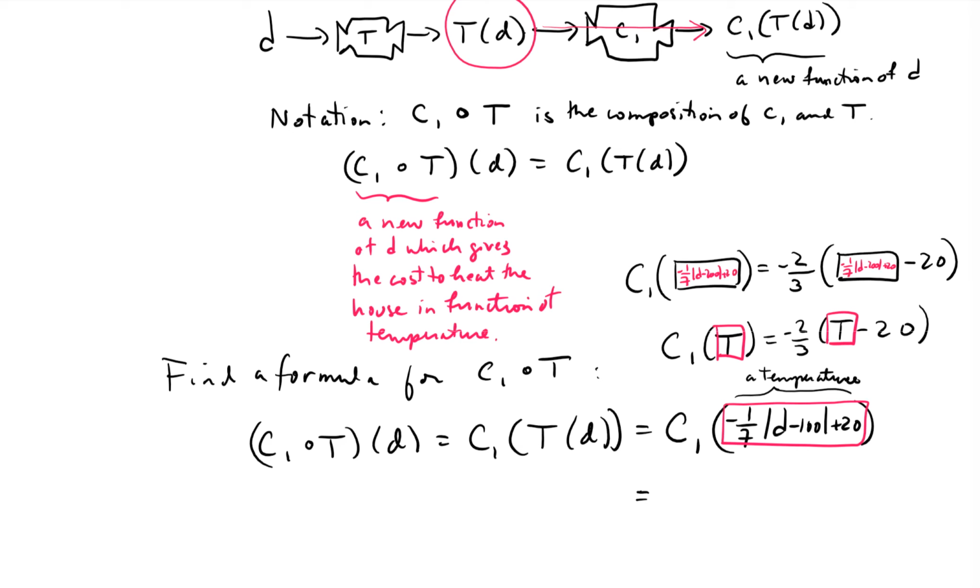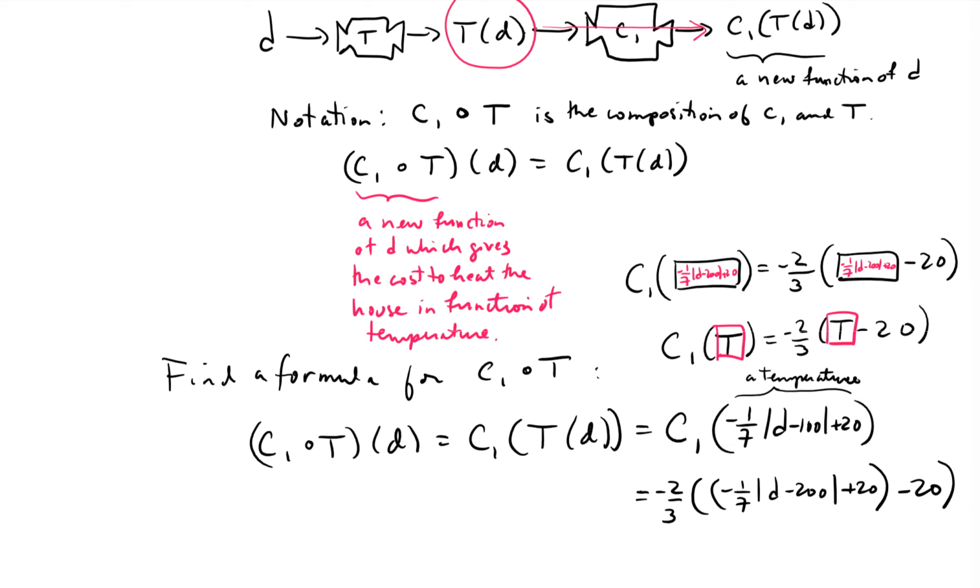So my formula is going to be minus 2/3, and then I'll put brackets, like double brackets like that, 1/7 absolute value of d minus 100 plus 20. It ends with a bracket like this, minus 20.